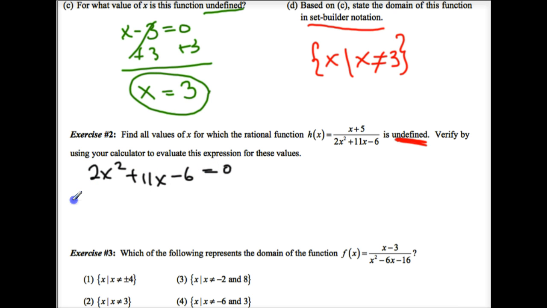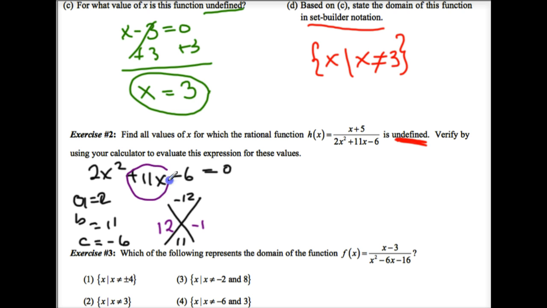They have nothing in common, so my a is 2, my b is 11, and my c is negative 6. So this becomes negative 12, 11, and my two numbers now are going to be positive 12 and negative 1. Now remember, a is bigger than 1, so I have to do the special part where I replace this middle term. I will end up getting 2x squared plus 12x minus 1x minus 6 equals 0.